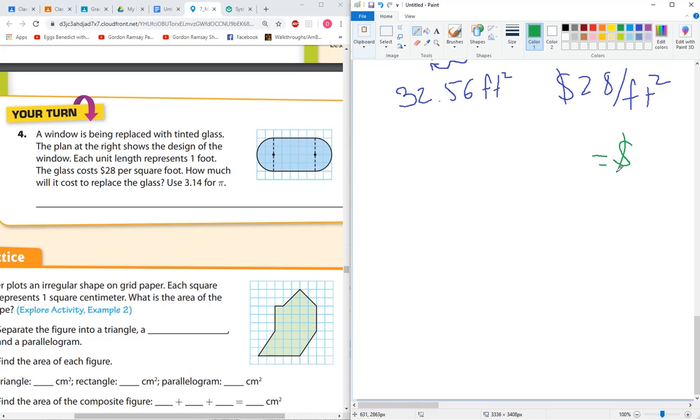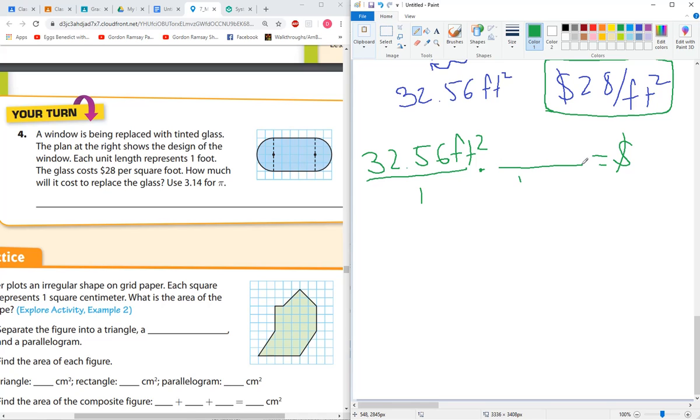I have 32.56 feet squared, if you remember from conversions. This is my conversion factor. I have feet on the top here, so I'm going to put feet on the bottom with my multiplication. So that means I put feet squared here, and 28 dollars goes up here, so these cancel.